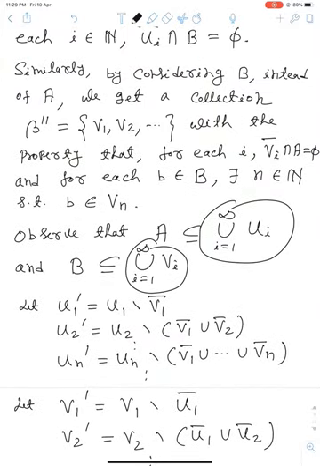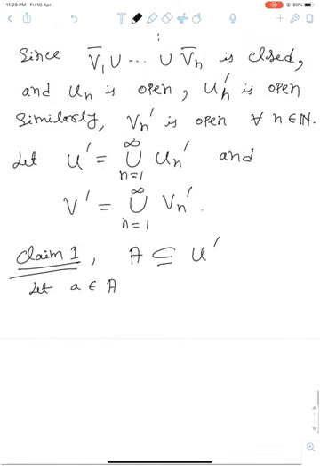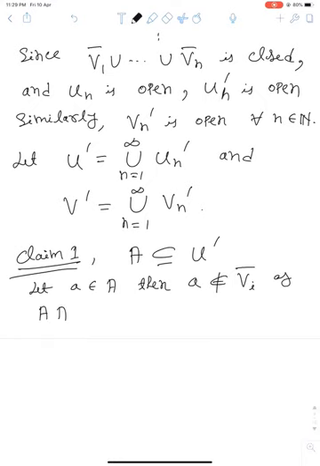Beta double dash is a collection of v1, v2, vn with the property that for each i, vi closure intersection A is empty, right? Then a does not belong to vi closure, as A intersection vi closure is empty for all i.